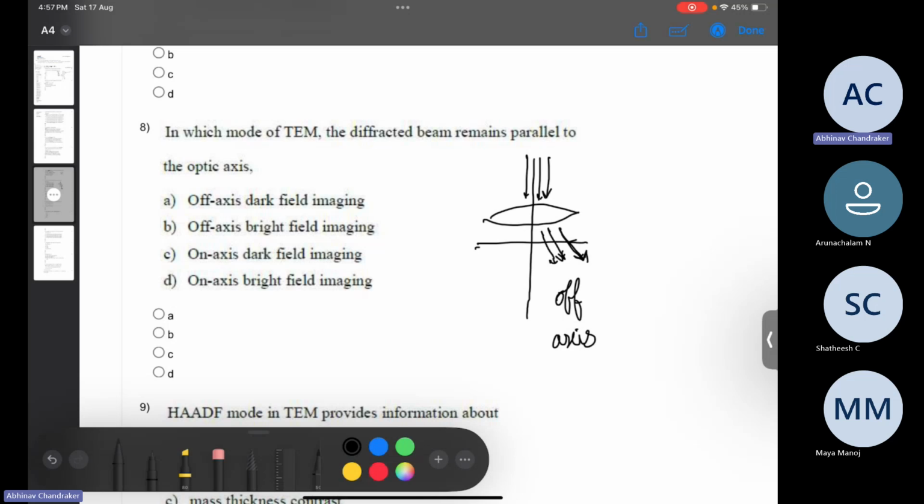While if transmission is occurring, in that case the beam continues to be parallel to the optic axis, we call it on axis.